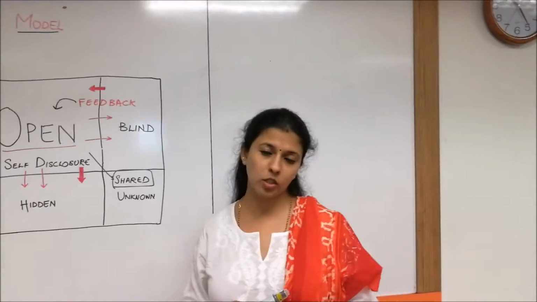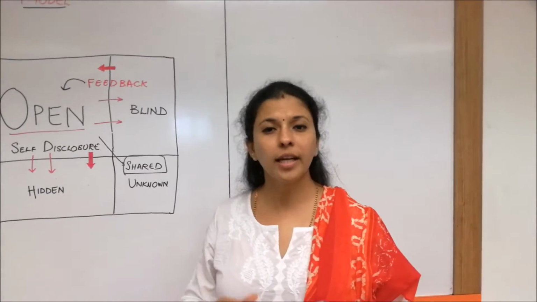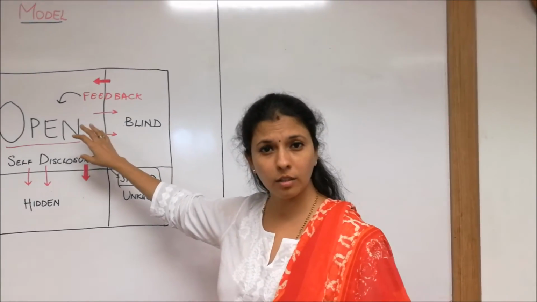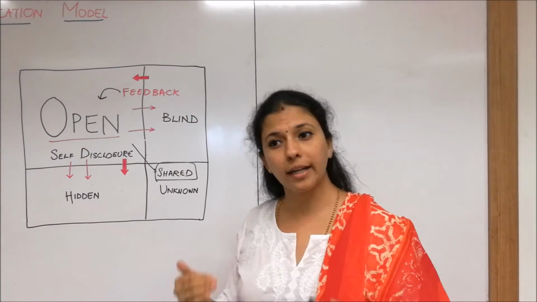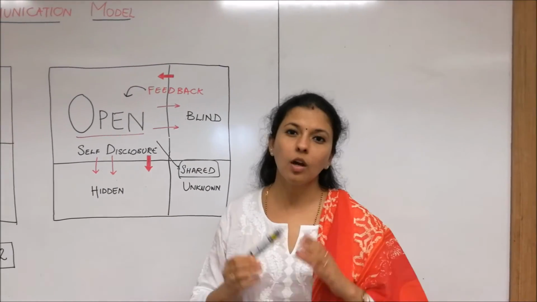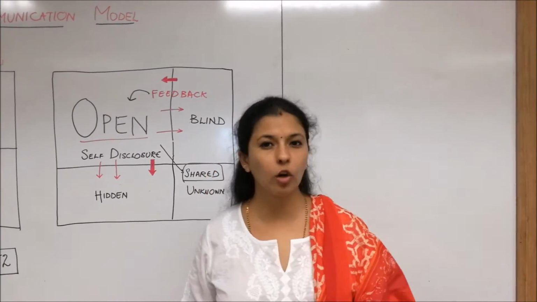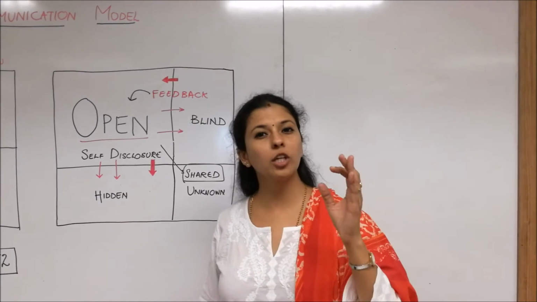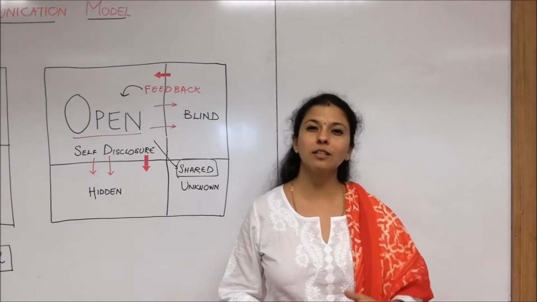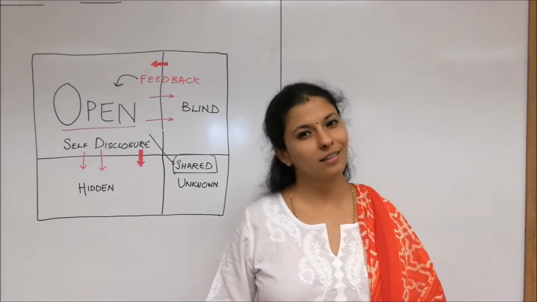Applying the Johari window in a classroom situation, it is important for the students to know more about the teacher, that is the open area has to be more. At the same time, the teacher should also know more about the students. Only then can a high trust environment be established where communication will be at its best. And we all know that when communication is at its best, learning is at its best.